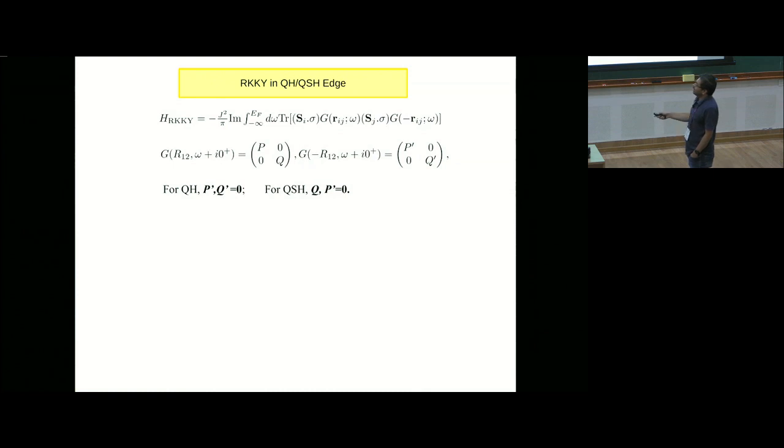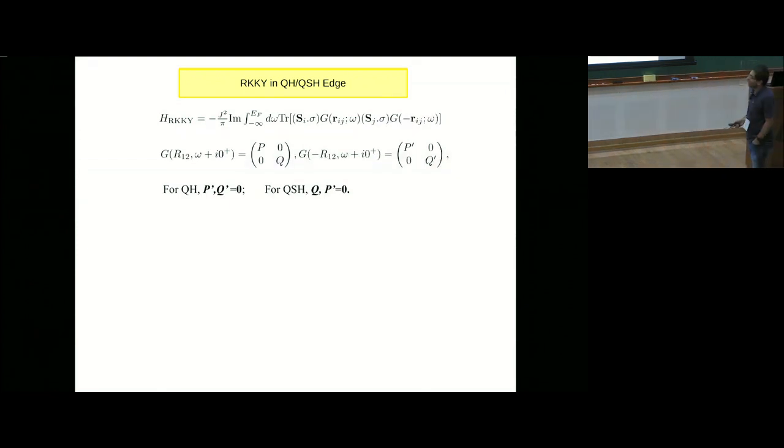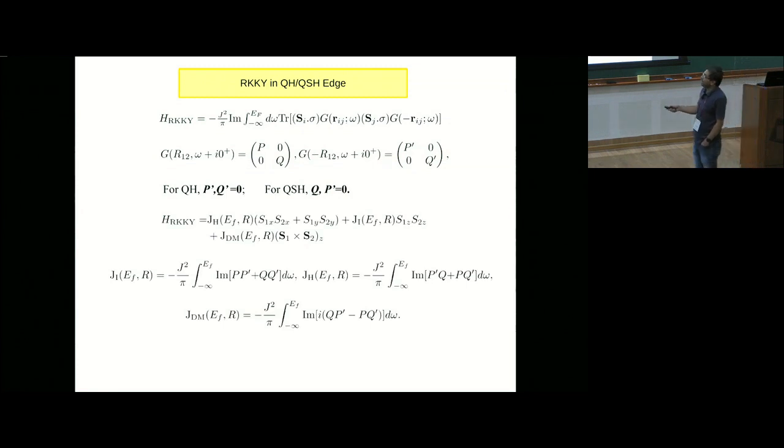Now for quantum Hall, as we know that only one of them will survive out of the two, so both p prime and q prime will be 0, and for quantum spin Hall, q and p prime will be 0, right? So one spin will go in one direction. You can put this form of Green's function back into this integral, and you will get a form of RKKY which has the so-called Heisenberg term, the Ising term, and the Dzyaloshinskii-Moriya term.